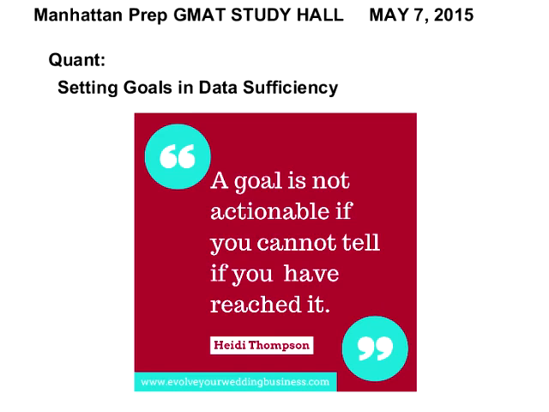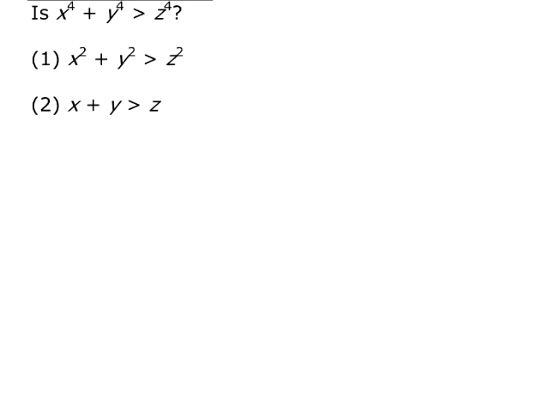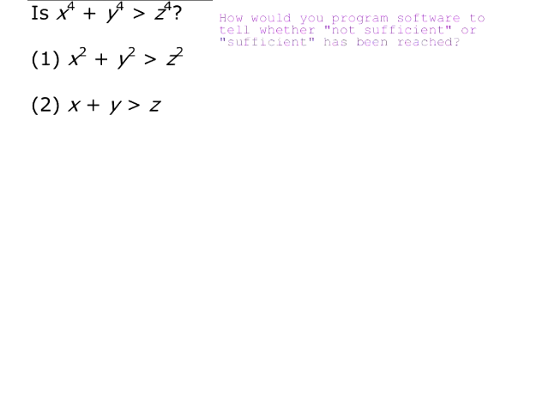Let's go back to this one and talk about this. With yes-no questions, I know a lot of people in this audience are actually software programmers, but even if you are not, you can still probably think on the level of what you would have to put in if you were programming software to do things. So here's the question: how would you program software to tell whether not sufficient or sufficient has been reached in this problem?